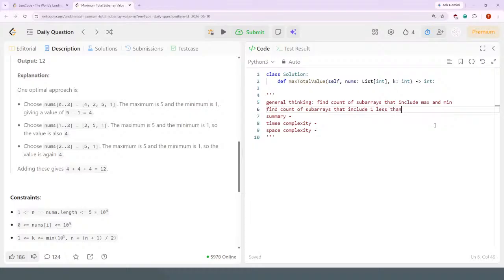And also not including both max and min. So that's the tricky part, I guess. Like if you have, let's say the max is 100 and the min is 1, you want to find all the subarrays that include both 100 and 1. And let's say the second highest is 99 and the second lowest is 5, so you want to find 99 to 1. That is also not including 100.